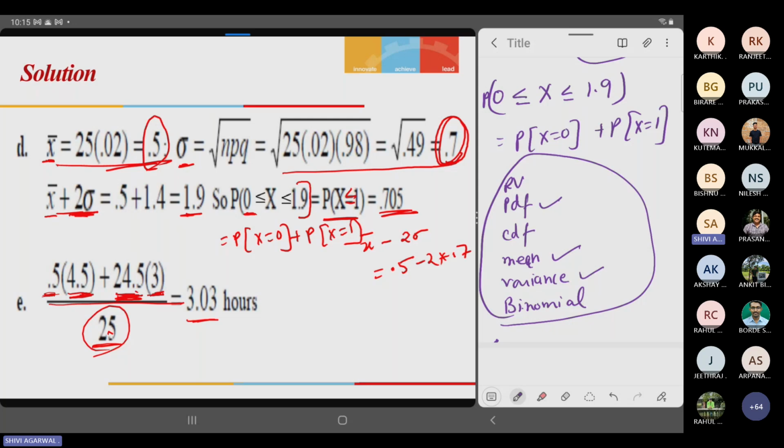They are allowed only 3 hours. So we are just applying the mean here. 0.5 you can say is the average number of students who received the accommodation. That is the weight we are taking here for the time.